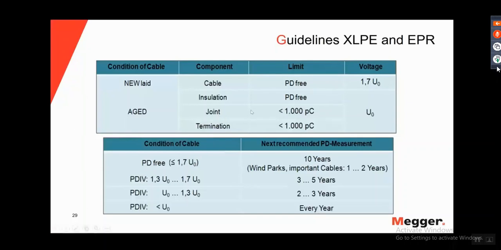Sorry, less than 1,000 picocoulombs. That will be the limit, okay? For aged cable and the splices, we should have less than 1,000 picocoulombs, and the same for the terminations, less than 1,000 picocoulombs. So we have different guidelines, and we can use them to make a decision after we do a partial discharge test.